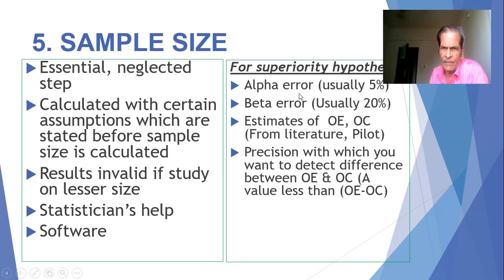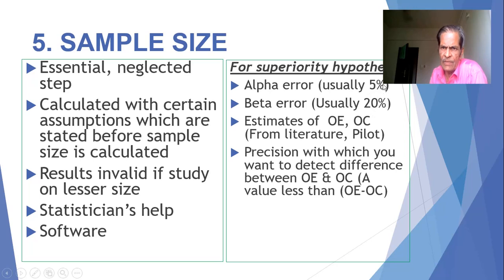One is the alpha error and the second one is the beta error. What alpha error and beta error are is a matter for a separate lecture, and therefore will not be discussed here. But the alpha limit is usually set at 5% and the beta error is set at 20%. So an alpha error of more than 5% or a beta error of more than 20% is not acceptable.